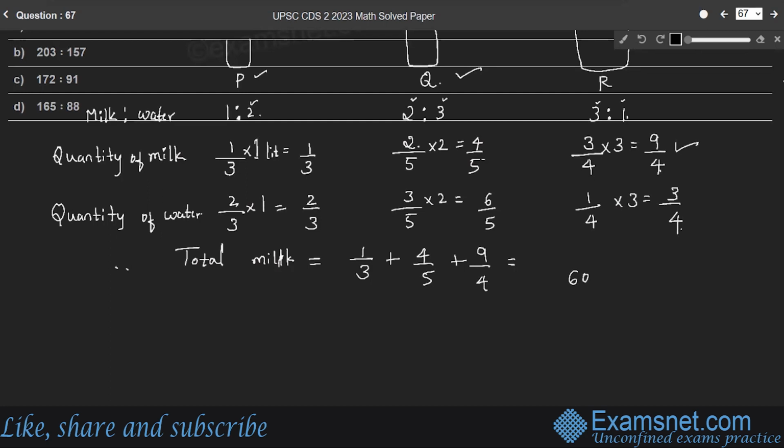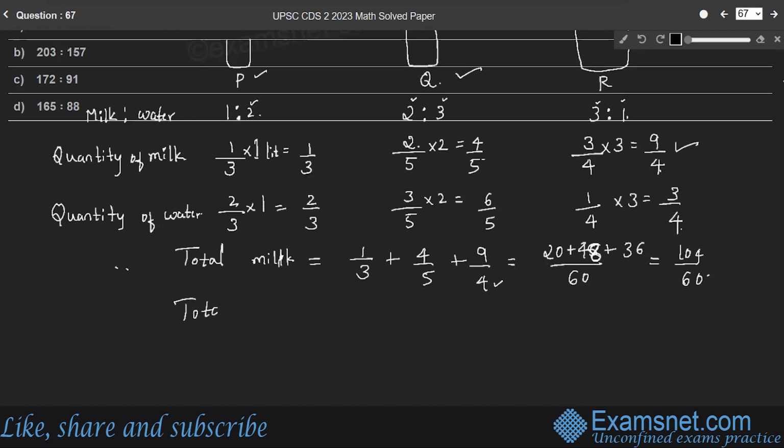So 3 into 20 is 60, 5 into 12 is 60, and 4 into 15 is 60. So the numerator is 20, 48, 135, giving the total milk as 104 by 60.